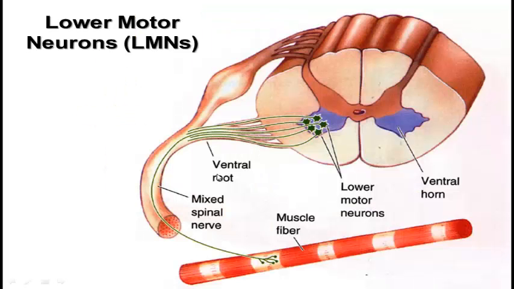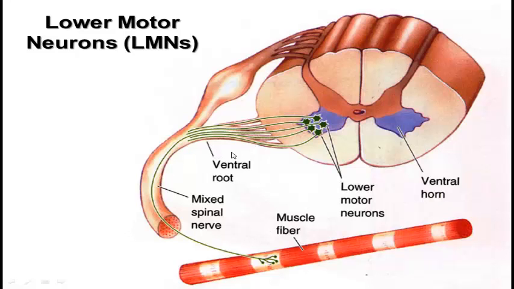And lower motor neurons start from the cell bodies in the spinal cord, or in the brainstem for cranial nerves, until reaching the muscle.